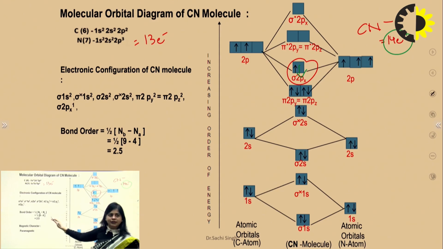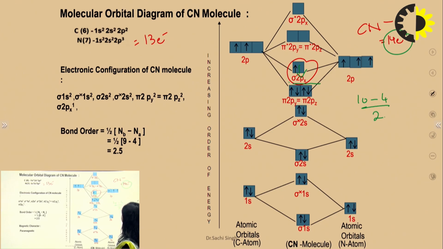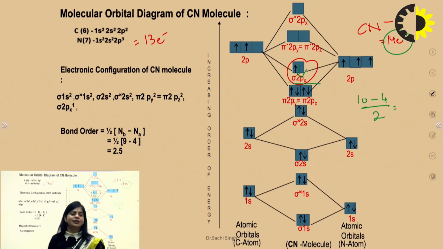Where is the electron added, in bonding or antibonding? It is added in the bonding. So for CN minus, the bond order is written as 10 minus 4 by 2, that is 3.